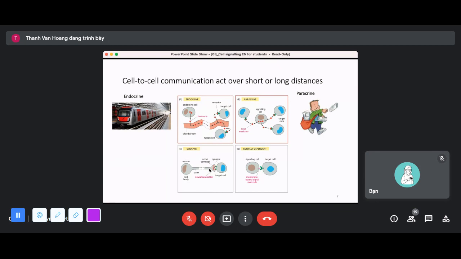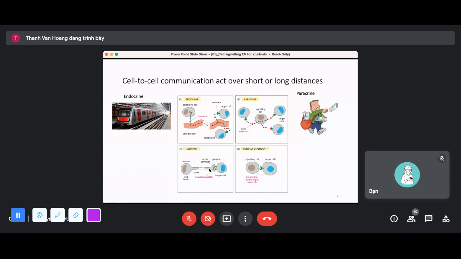So what is the advantage and disadvantage of these actions? Can somebody tell me, please? It's actually based on the illustration. Maybe they can target many cells at the same time. Mm-hmm.